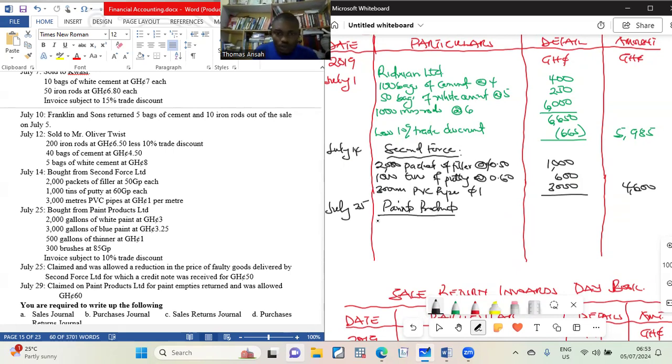So Paints Products, 2,000 gallons of white paint at 3. So that will be 6,000, right? Then 3,000 gallons of blue paint.